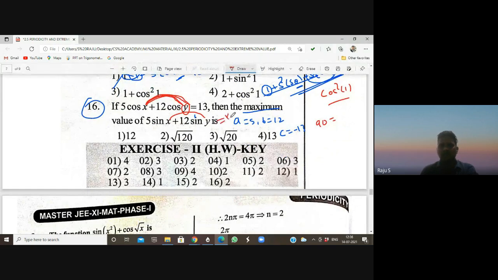This is equal to, you can take some k. The second one you can take some k, then squaring and adding. Simple. Do it fast. See, 16th, they have given option 2 as the correct answer. Just verify that.